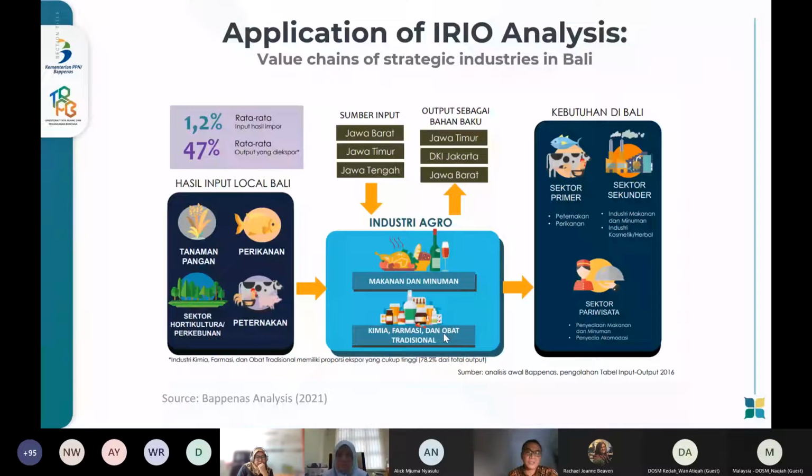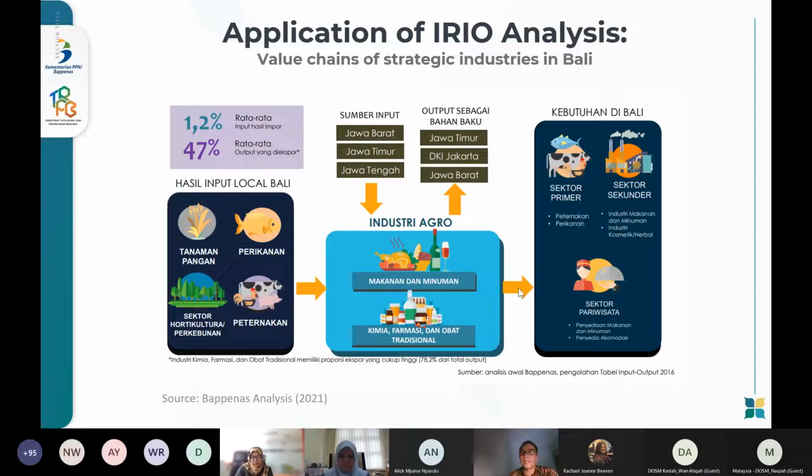These industries get input from other regions, West Java, East Java, and Central Java, in addition to input from local Bali. And these two industries supply intermediate output for other regions, East Java, Jakarta, and West Java, and also supply the domestic demand in Bali.